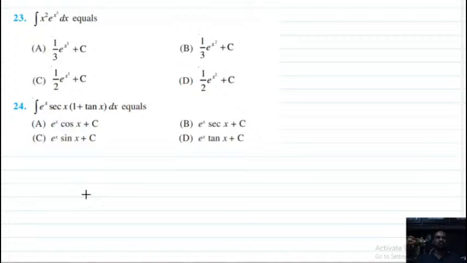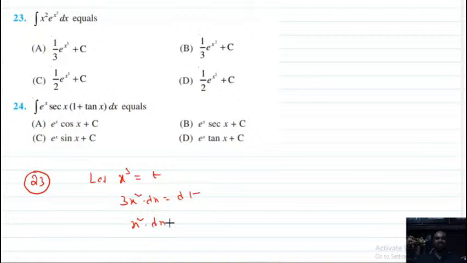Okay students, now the 23rd problem. The 23rd problem is substitution, and after that, integration by parts. Let x cube equal to some t, then 3x square into dx equals dt. Instead of x square into dx, I can write dt by 3.